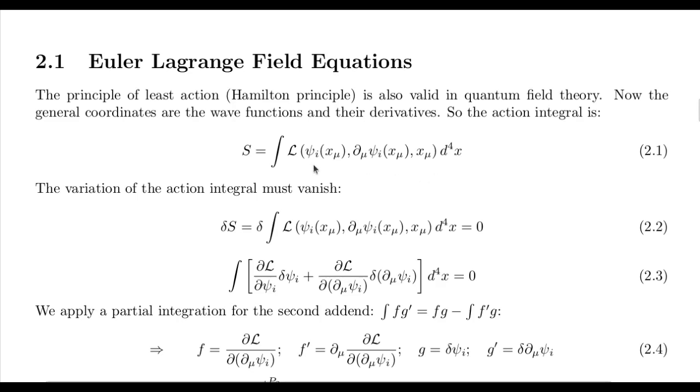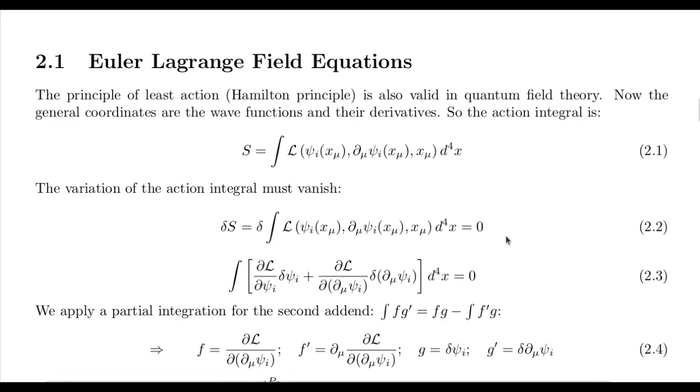And here we have now for the independent coordinates, not the coordinates and the velocities, we have the fields psi and the derivatives of the fields d psi here. So, and the variation must vanish. That means delta S, the integral, is equal to 0.